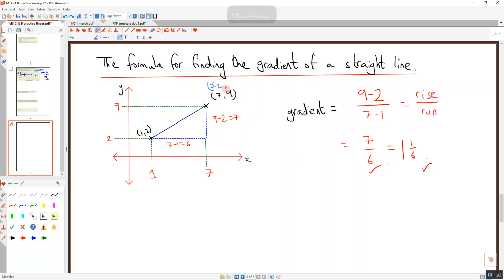So let's imagine that this point is actually x2, y2, and this point is x1, y1. We can come up with the general formula for the gradient.